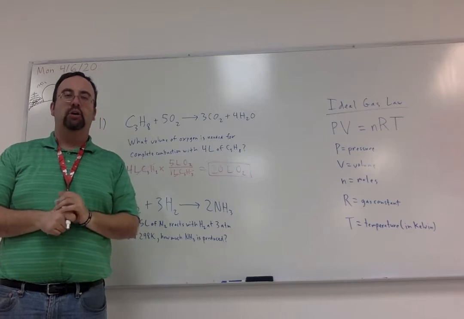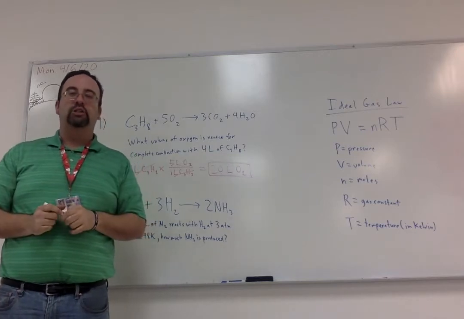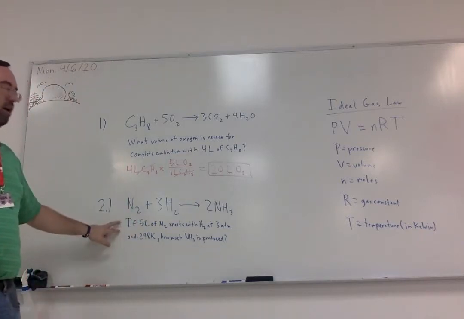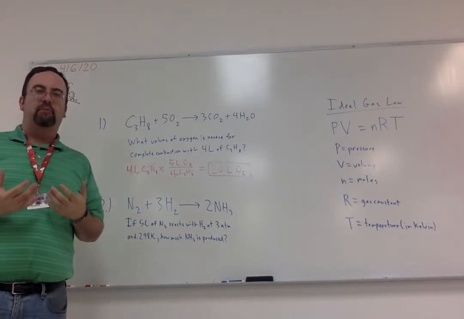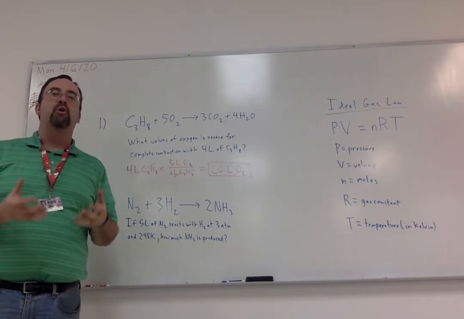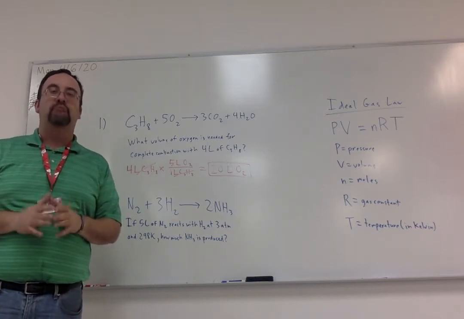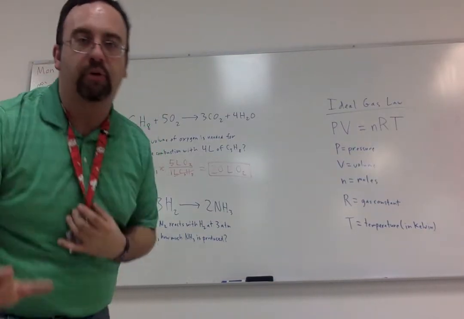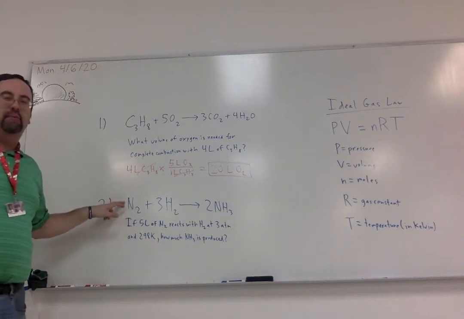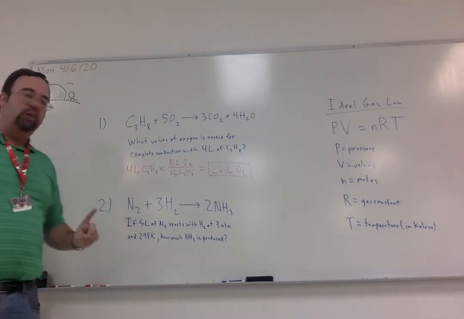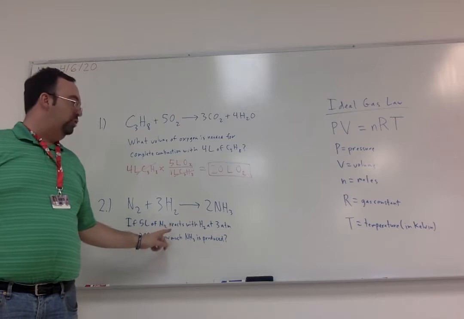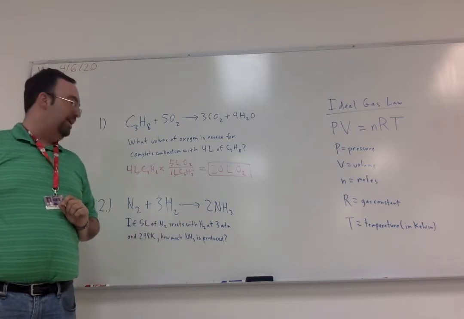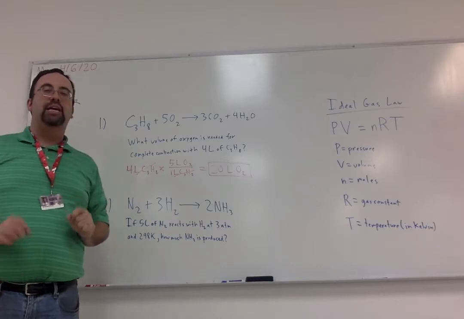All right, and so let us now turn our attention toward the second type of problem. Our second problem here is in regards to the production of ammonia. Ammonia is used in fertilizers, and it's used therefore to help in the promotion of plant growth. All right, here is our balanced chemical equation. Our question: if 5 liters of N2 reacts with H2 at 3 atmospheres and 298 K, how much NH3 is produced?